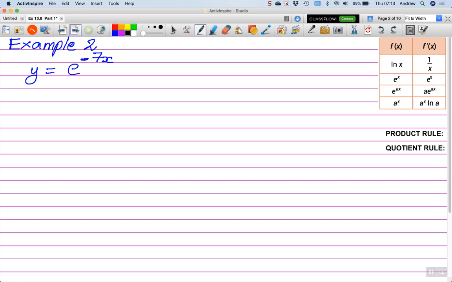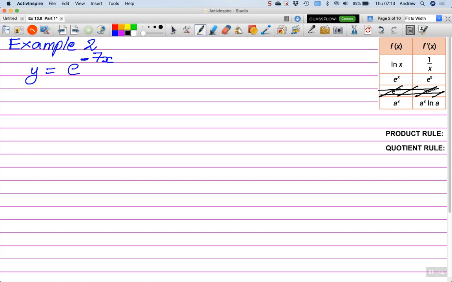Example number 2. Method number 1. Again, I'm going to ignore this formula here completely. I'm just not going to use it. You'll see why as we progress through.